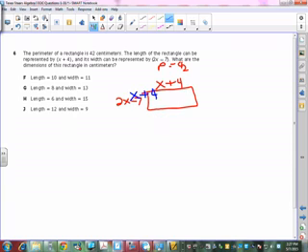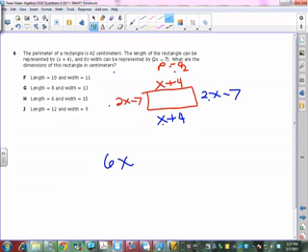And if that is the other side, if this is 2x minus 7, then this has also got to be 2x minus 7, right? So we need to add up all 4 sides. x plus 2x plus x plus 2x is how many x's? 6 x's.